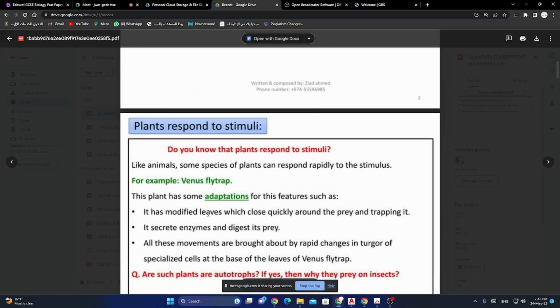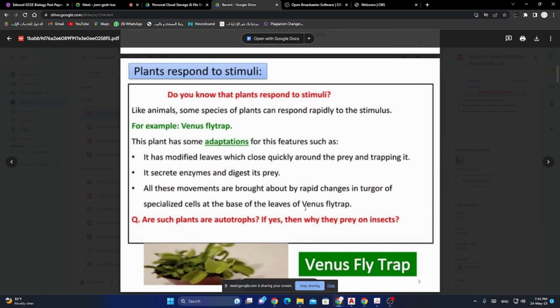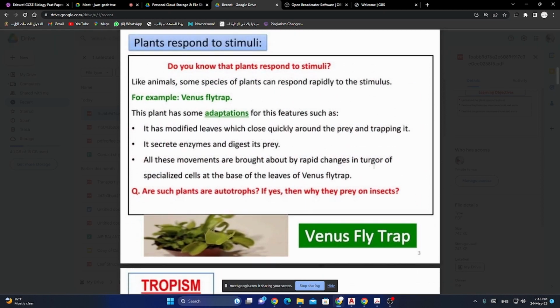Well, this is not really a part of the lesson, but do you know the reason why Venus flytraps feed on insects? Why are they carnivores then? Do you remember last time in plant nutrition we talked about how the plant needs nitrogen, phosphorus, magnesium, right?